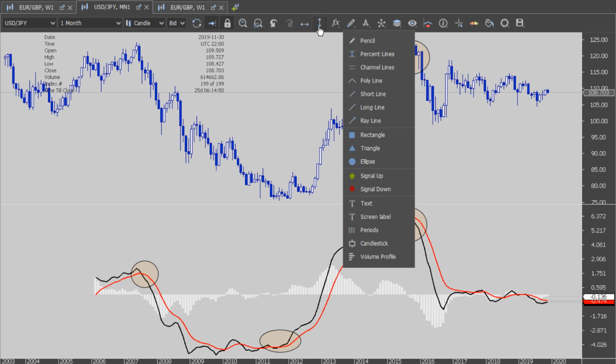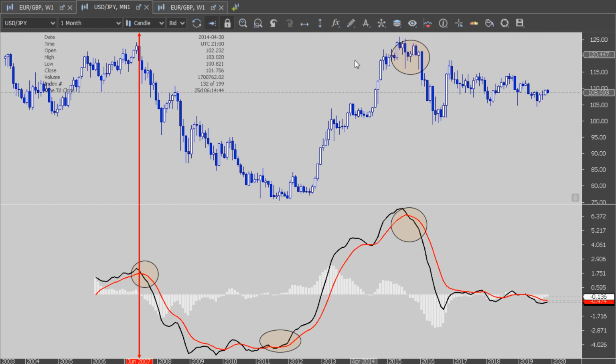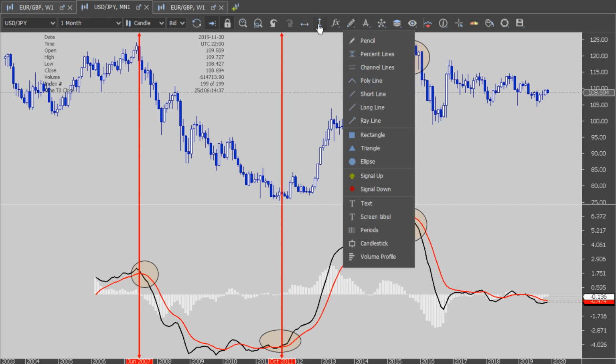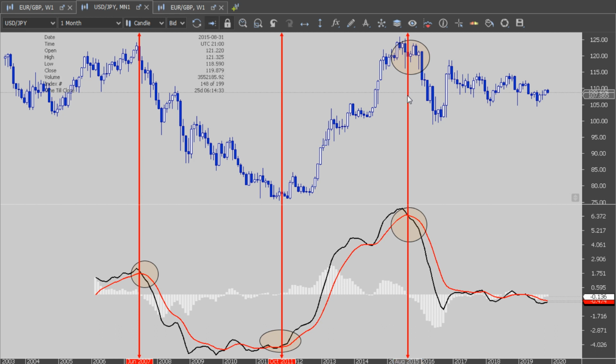As you can see, here the market fell, here the market went up, and here the market, right, went down.